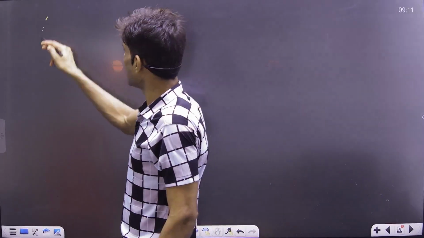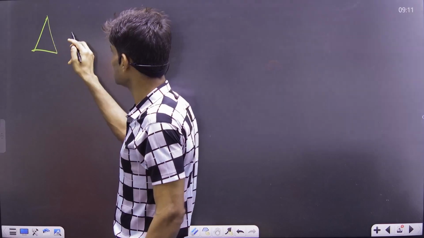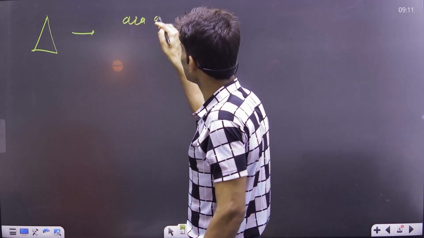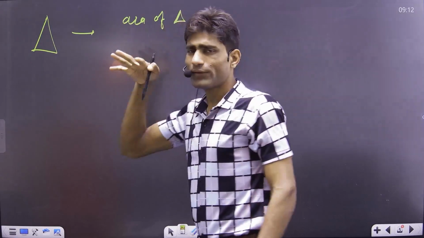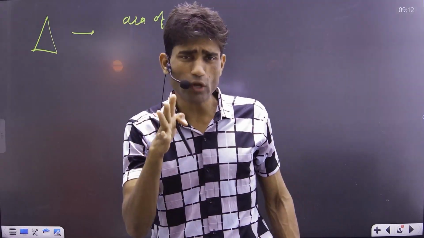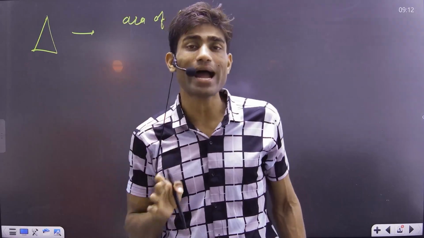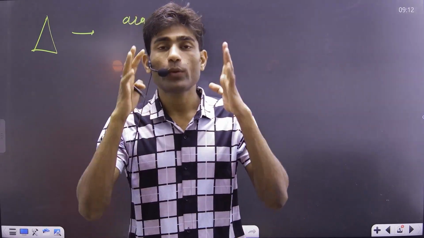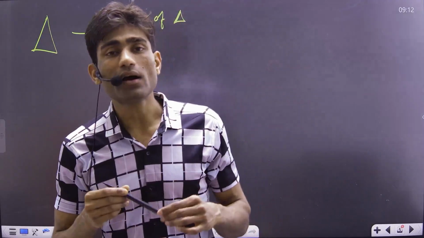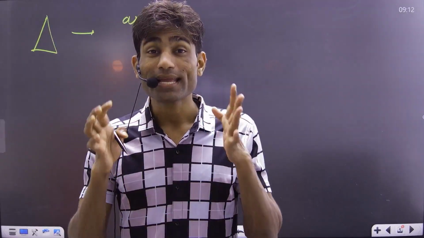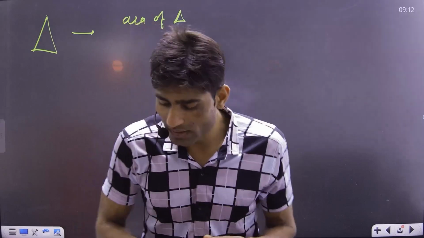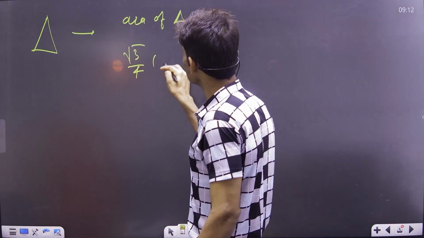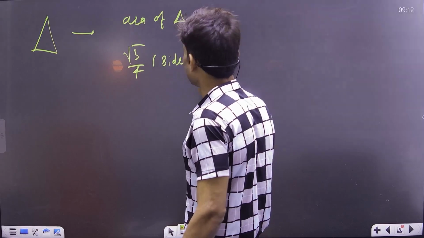Okay, we know the triangle. With respect to triangle, we need to know the area of a triangle, okay. If we consider our plane triangle, then the area of a triangle is 1/2 into base into height, okay. And when we go for the area of an equilateral triangle, we write √3 divided by 4 into side square, okay.